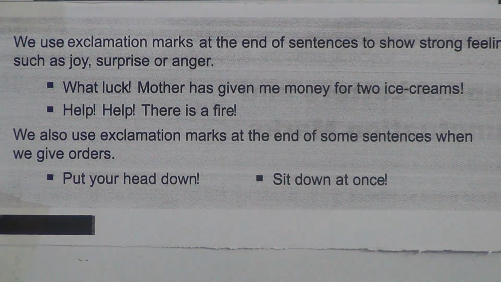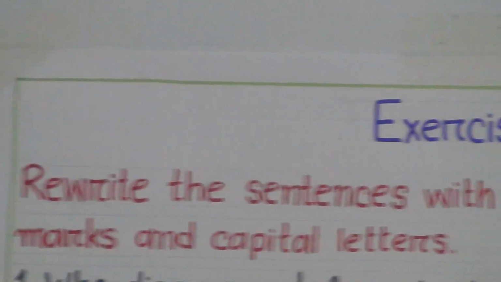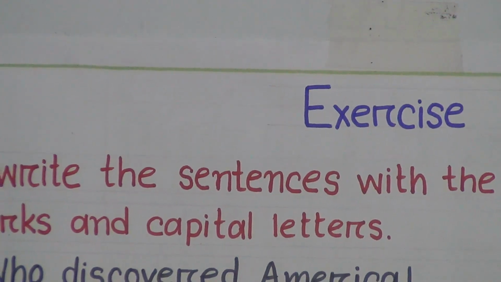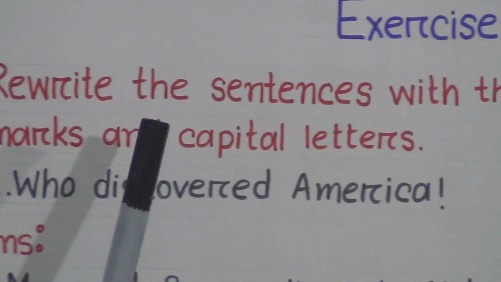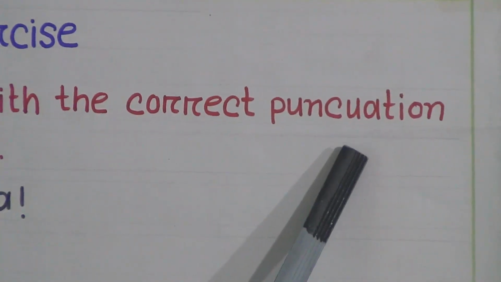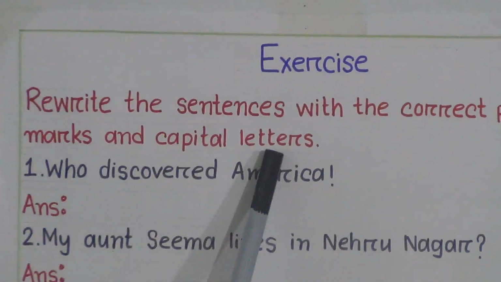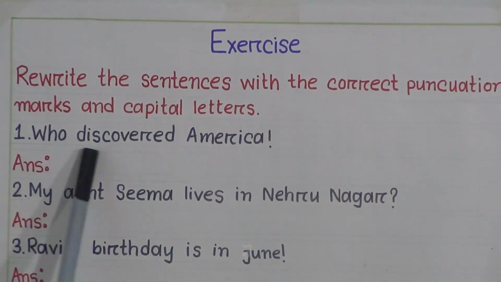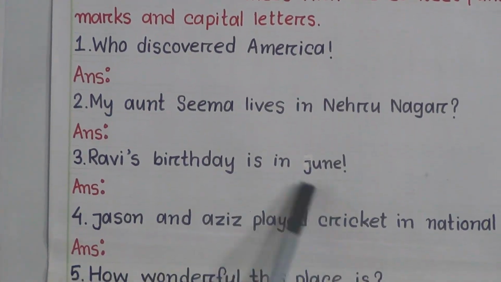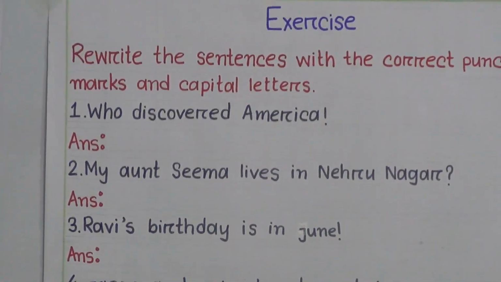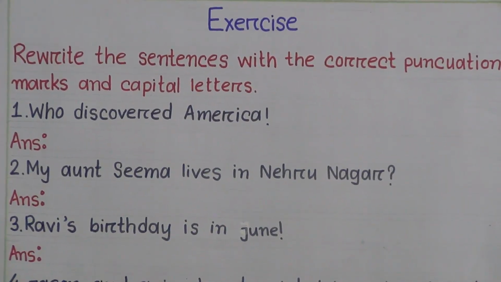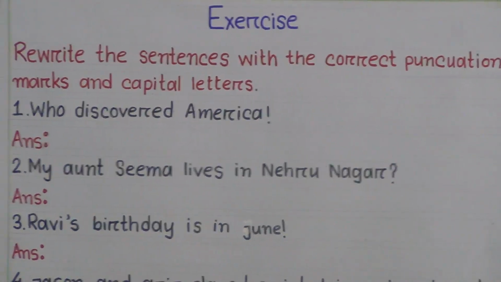Now students will do some exercises based on capital letters and punctuation marks. Our question is, rewrite the sentences with the correct punctuation marks and capital letters. Here we have given some sentences and you have to write them properly, maintaining capital letters and punctuation marks.